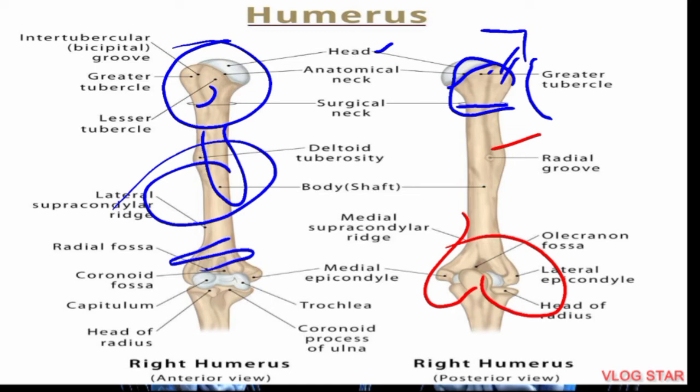Articular part includes laterally capitulum articulating with head of radius and medially trochlea articulating with trochlear notch of ulna. Non-articular part includes three fossae, radial, coronoid and olecranon, and medial and lateral epicondyles.